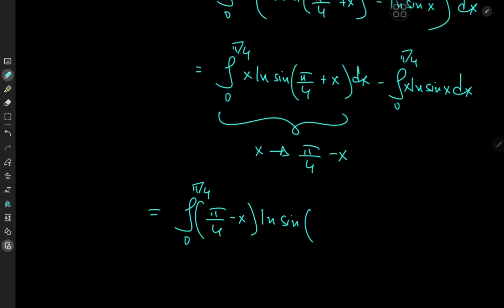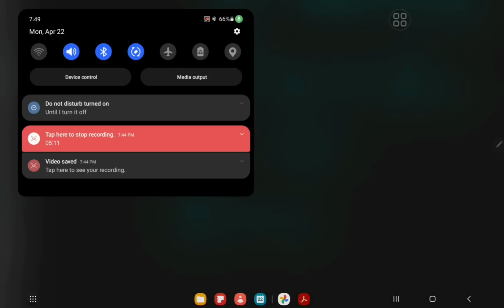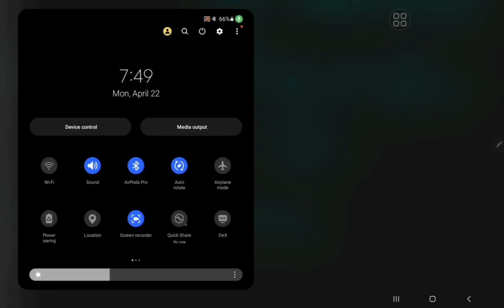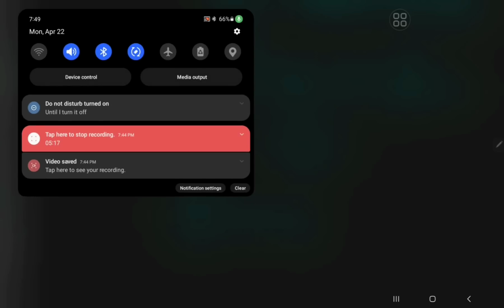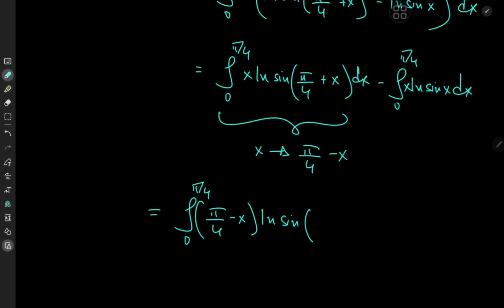Anyway, so now it's going to be sine of (pi by 2 minus x) right after the phase shift. So we have log cosine of x dx minus the integral 0 to pi by 4 of x times log sine x dx.